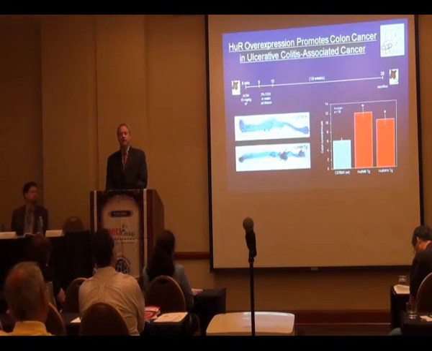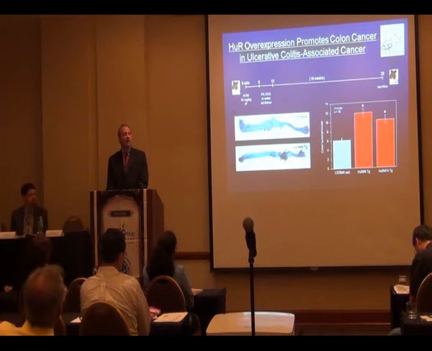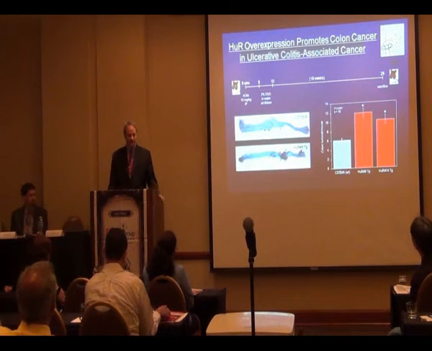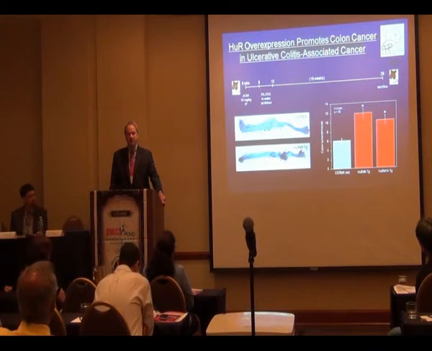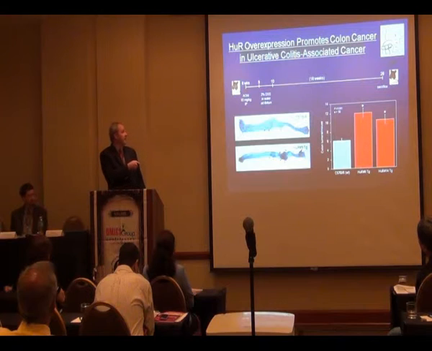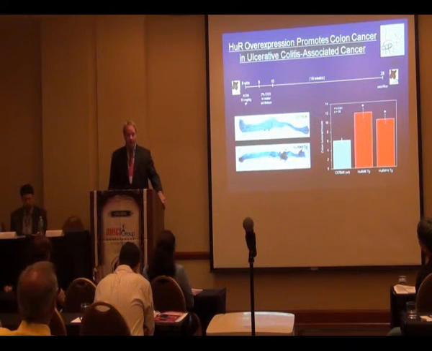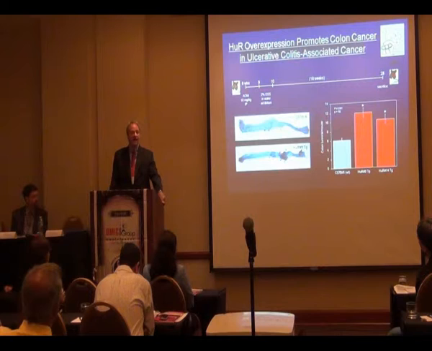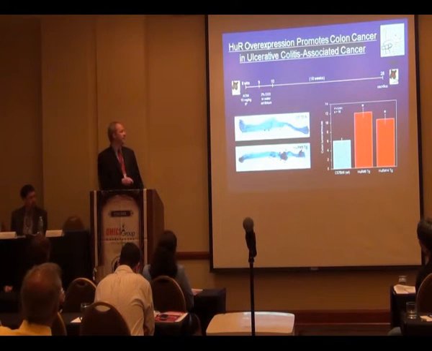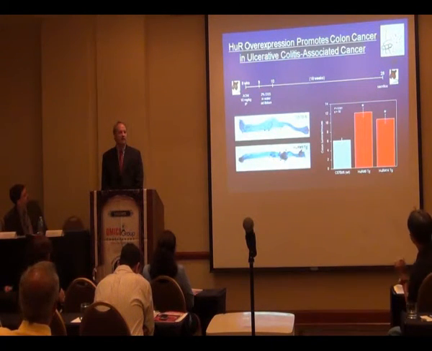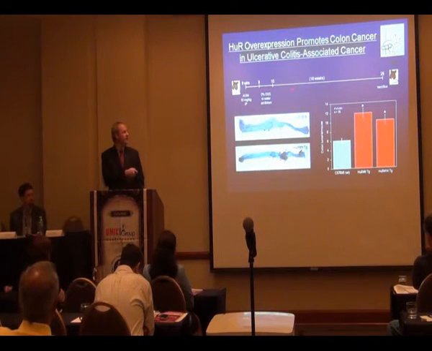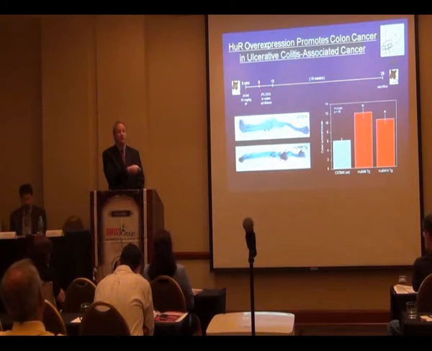A little bit on this ulcerative colitis model. So what this model basically is, is a mouse where you give them a procarcinogen called azoxymethane, or AOM, and you inject that into the peritoneal cavity of the mouse, wait a week, and then you give the mouse an agent in their drinking water called dextran sodium sulfate. It's an inflammatory agent which will give them ulcerative colitis. And then you wait.